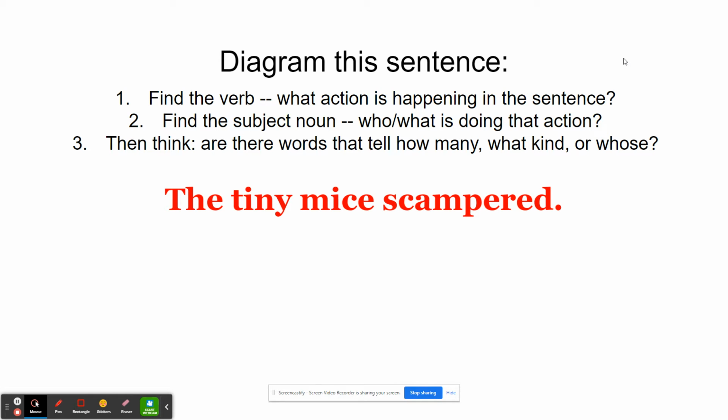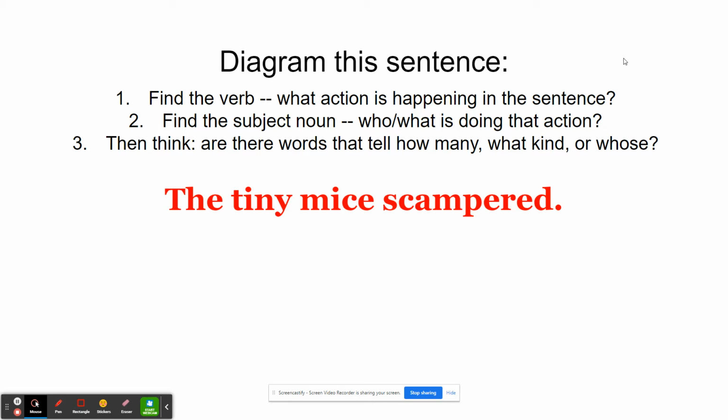All right, boards down. We're going to check it out. If you're ready to check, say, I'm ready. I'm ready to check this sentence. All right, here we go. Scholars, who found the action that's happening?